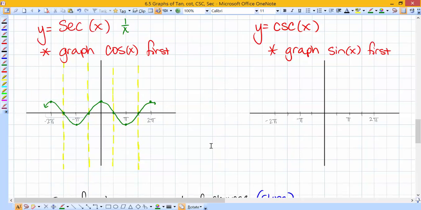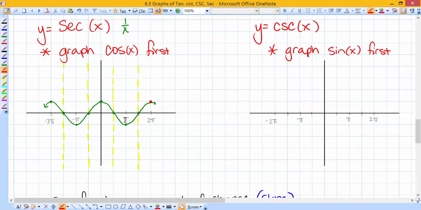And then if you look at the rest of your secant values, all of those values are greater than 1. And they are less than negative 1. All of this here where the cosine graph is, that stuff does not exist on the secant graph. But they do start from 1 and negative 1. As we continue to go around the unit circle, we do have secant values of 1 and negative 1.